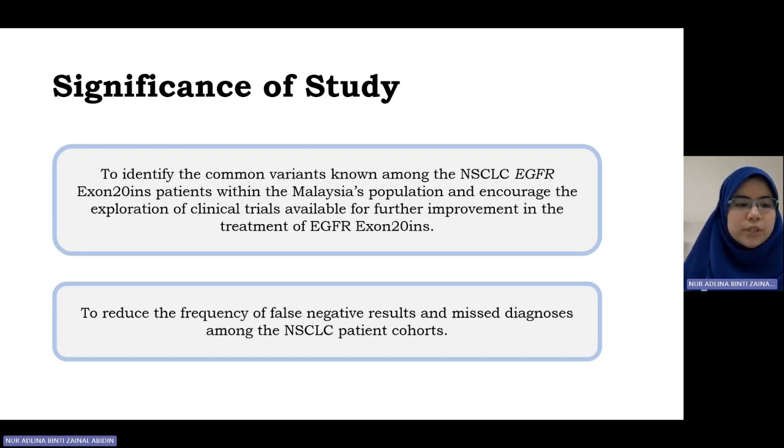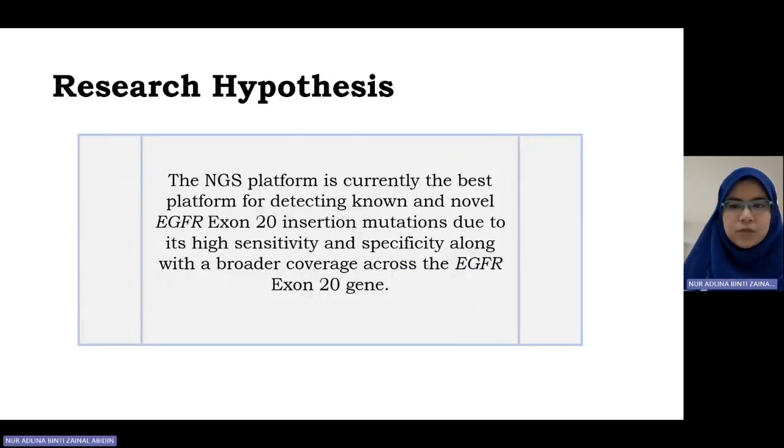It is also to reduce the frequency of false negative results and misdiagnosis among the non-small cell lung cancer patient cohorts. The hypothesis for this research is that the NGS platform is the best platform for detecting known and novel EGFR exon 20 insertion mutations due to its high sensitivity and specificity along with a broader coverage across the EGFR exon 20 gene.